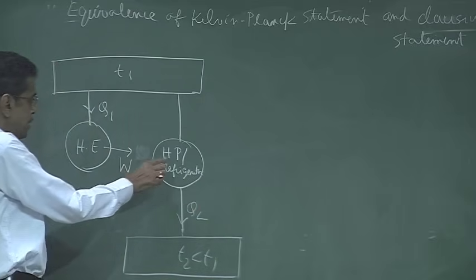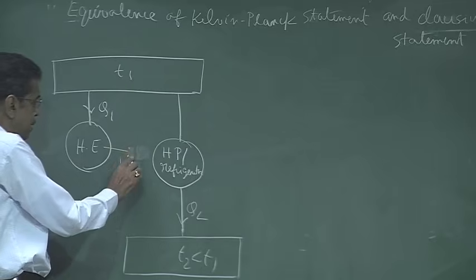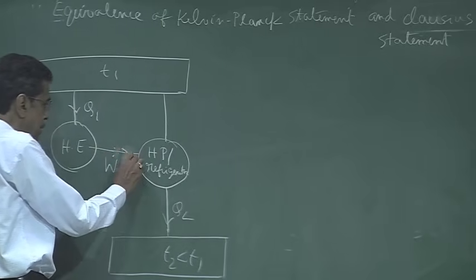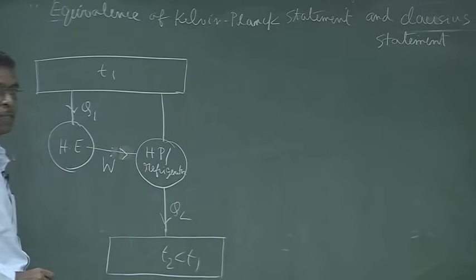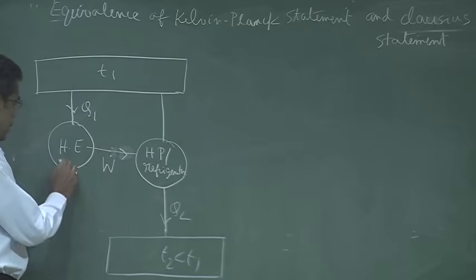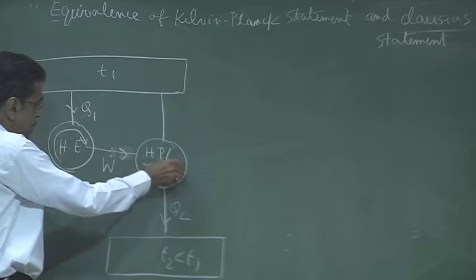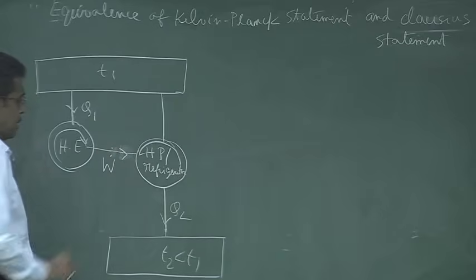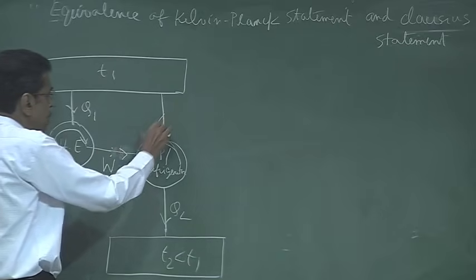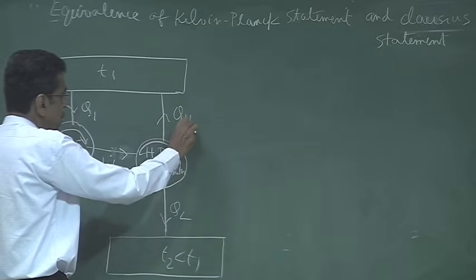And this heat pump is run by this heat engine. That means the work developed by the heat engine is given to this heat pump to run. This is the heat engine and this is the heat pump in the opposite direction cycle. And then this rejects heat QH.